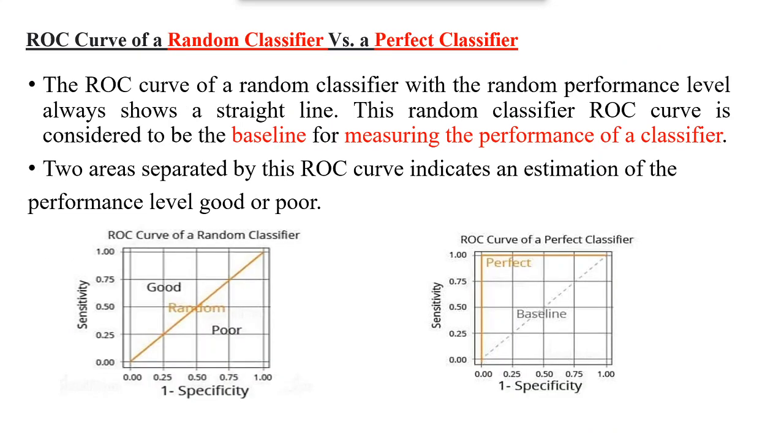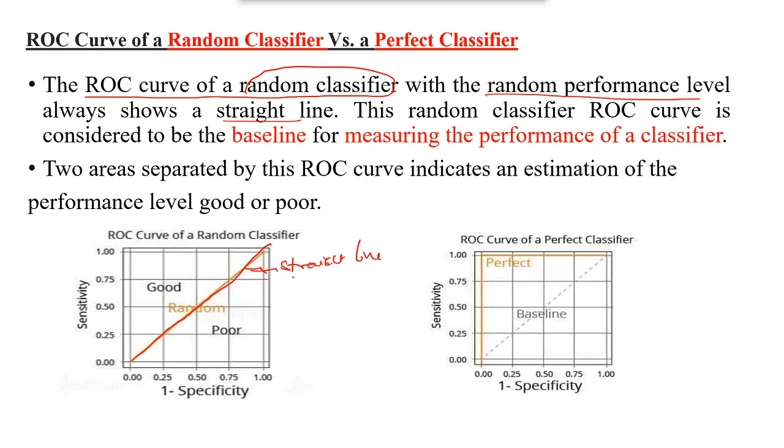If you see the ROC curve of a random classifier versus the perfect classifier: the ROC curve of a random classifier, with random performance level, is always shown as a straight line.